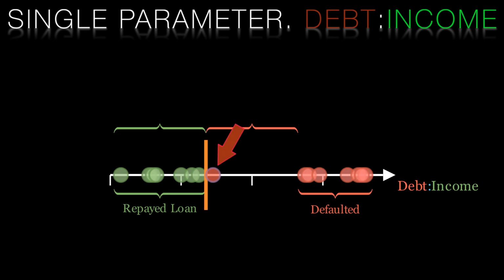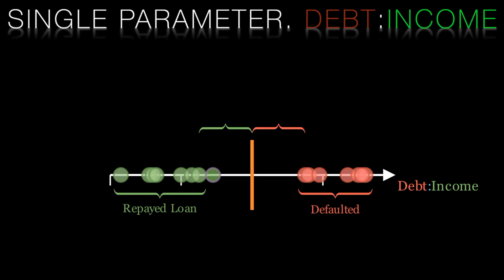This seems wrong, as this sample is much closer to the repaid group than the defaulted group. Moving our decision boundary to the midpoint of our training samples seems like the right approach, and here we get a correct classification. Sadly, the midpoint of the training samples is almost always not the best choice.